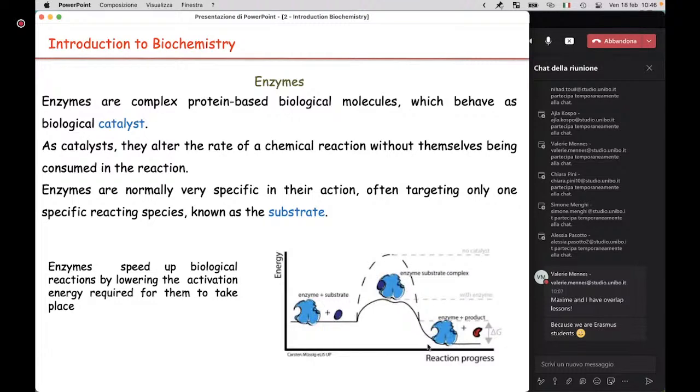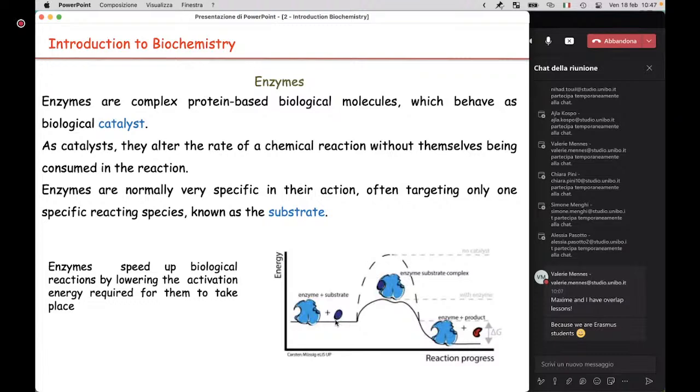They can only facilitate reactions involving this kind of chemical compound. They are not extremely specific, so they are not making reactions involving just one compound, but usually one class of compounds.